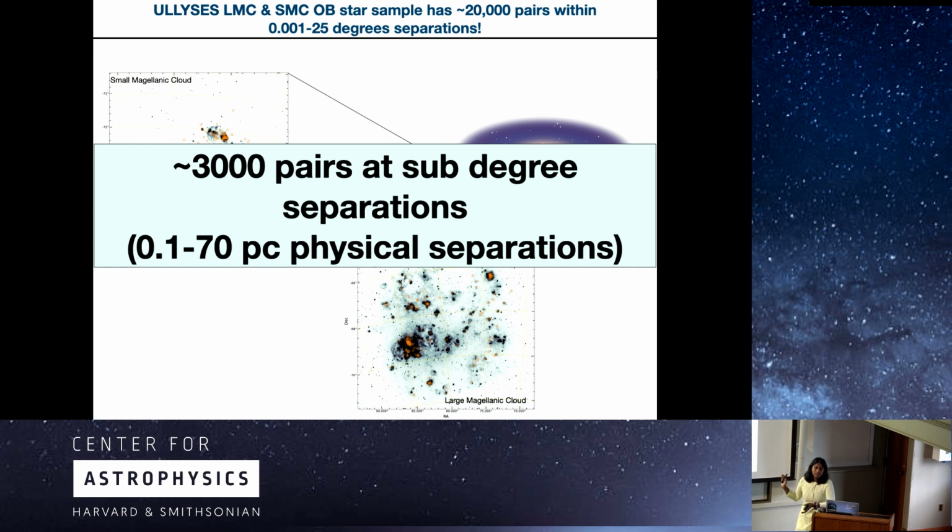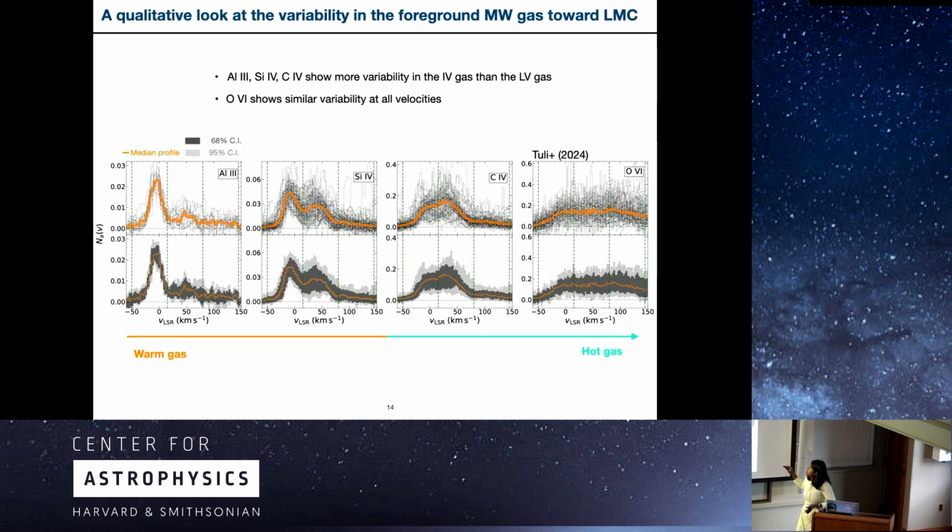So I have analyzed the high-resolution spectra of the LMC sample, and here are some of my results. Here on the top panel, for each ion, I'm plotting the column density profiles with the median profile in orange for each ion, and then in the bottom panel, I have the median profile, 68% confidence interval and 95% confidence interval of these column density profiles for the ions that I have.